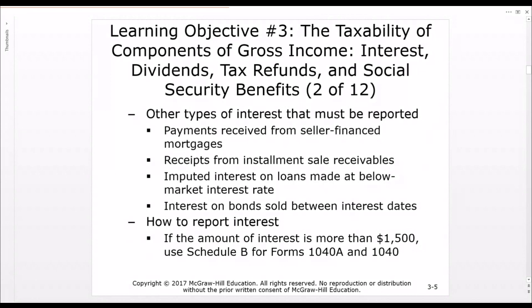So now let me go to Schedule 1040B. Let me see. I'm going to give you an example here of Schedule 1040B, and I'm going to share that.